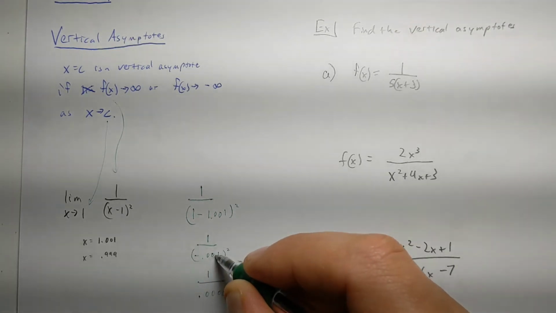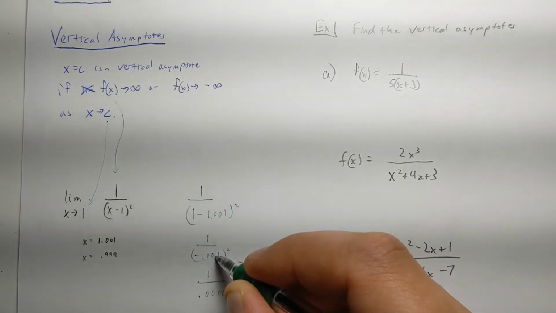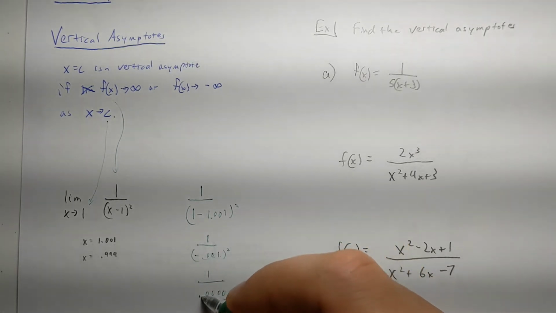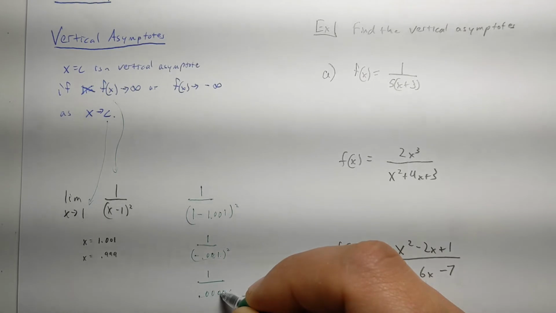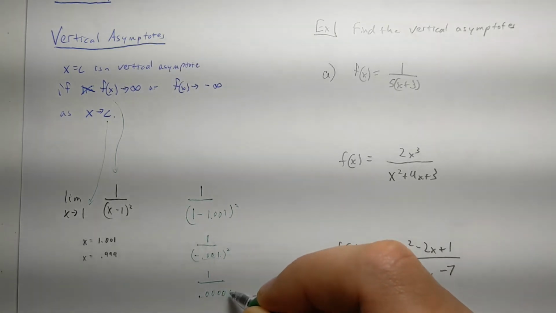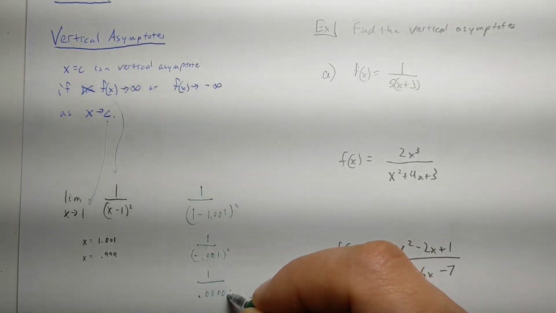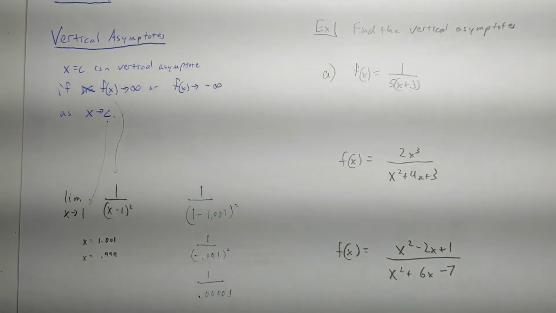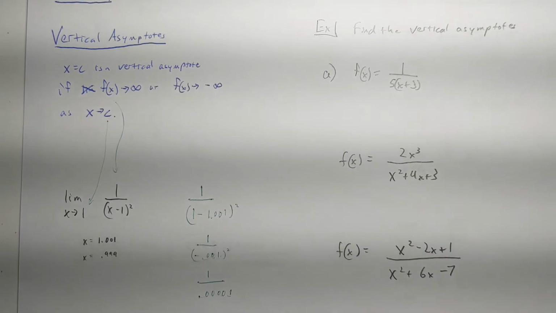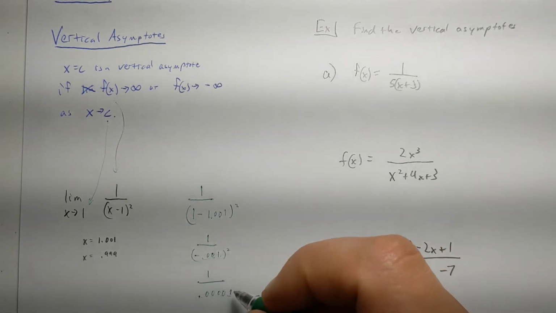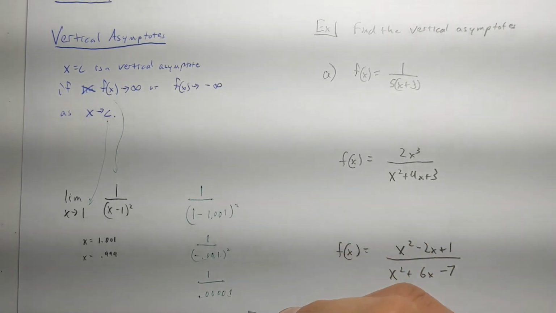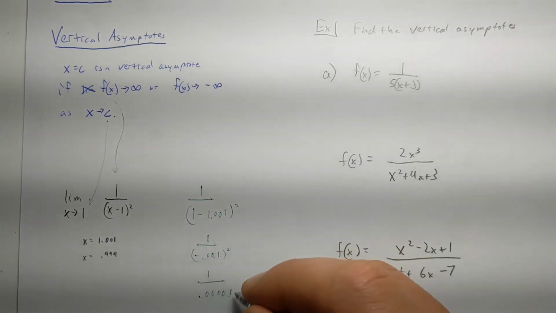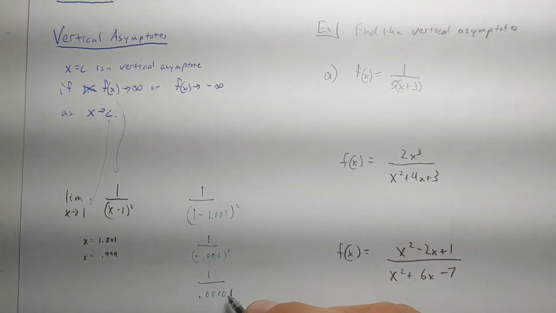See here, that's tenths, hundredths, thousandths, 10,000ths. I think that's right. Sorry. Anyway, there might be another 0 in there.